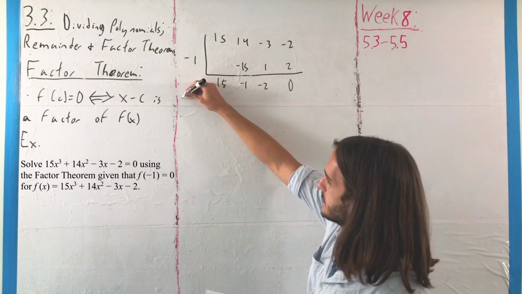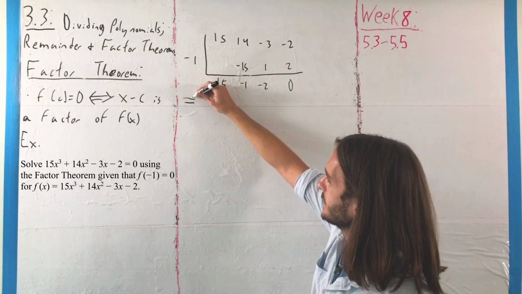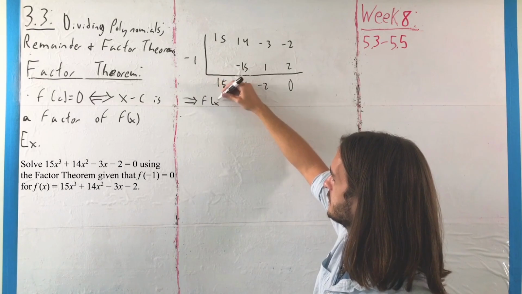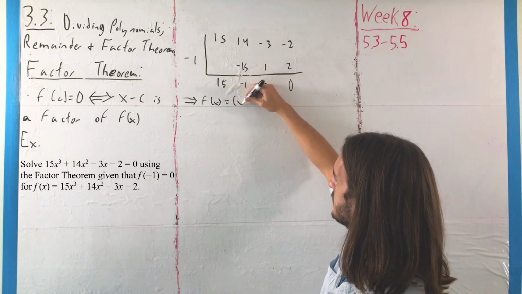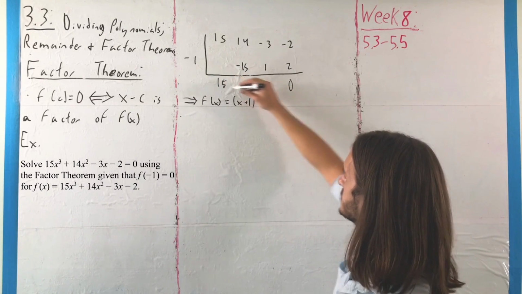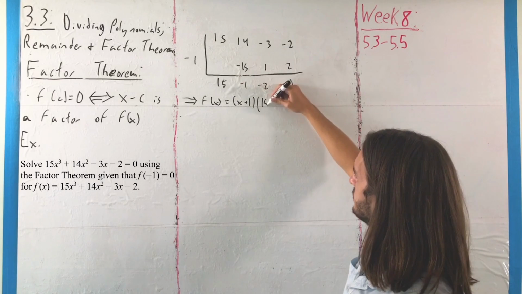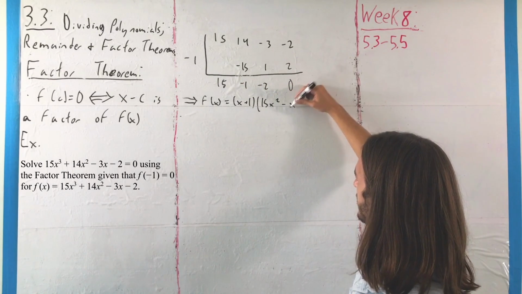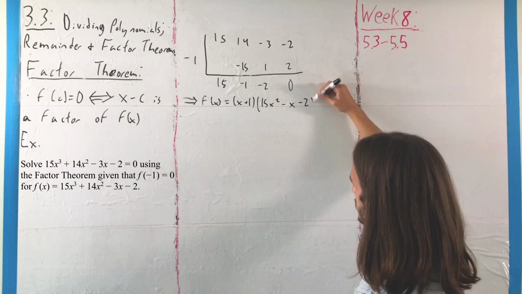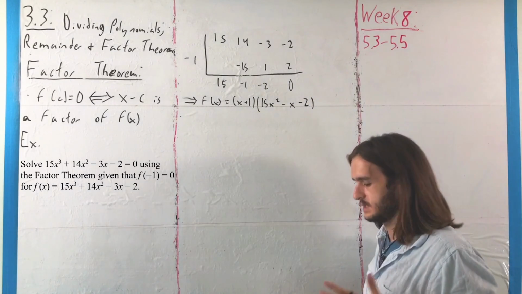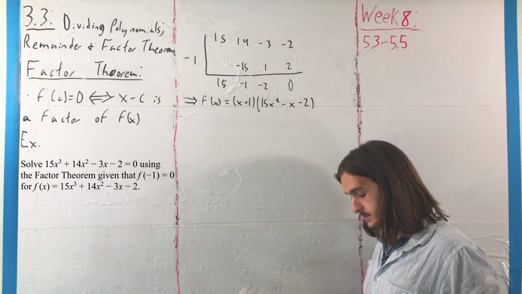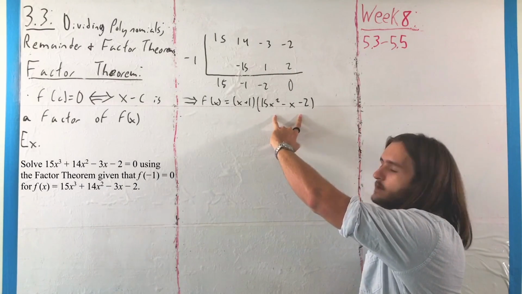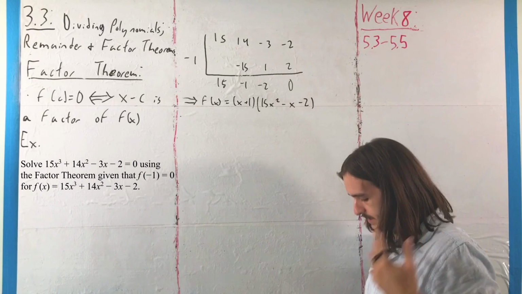In any case, that tells us our factored form here is going to be f of x equals x plus 1 times 15x squared minus x minus 2 along with 0 for the remainder because it is a factor. And this might not be the very cleanest thing to see how it factors, but it actually does.